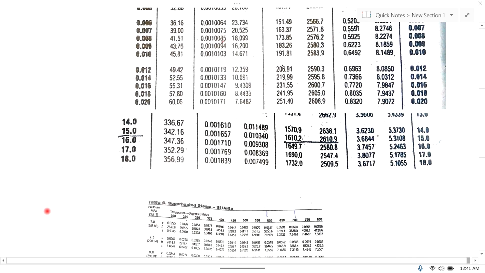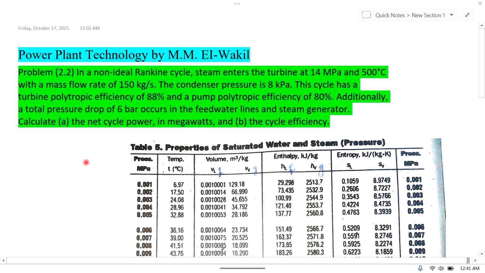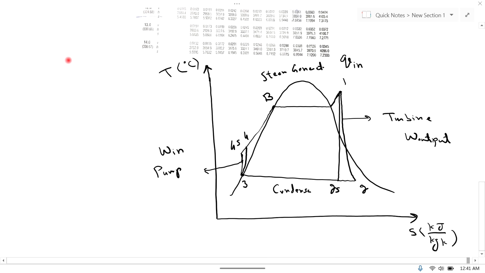So in the given data, steam enters the turbine at 14 megapascal and 500 degrees centigrade. Point 1 is the entrance of the turbine. From 1 to 2 this is the turbine.